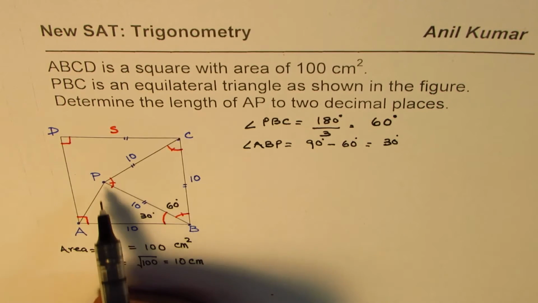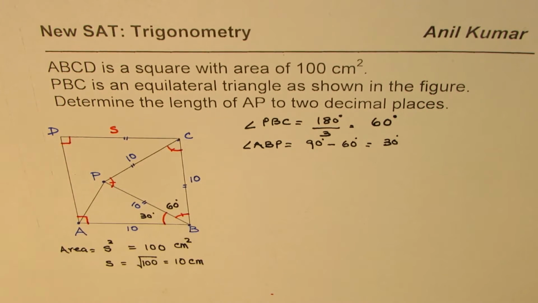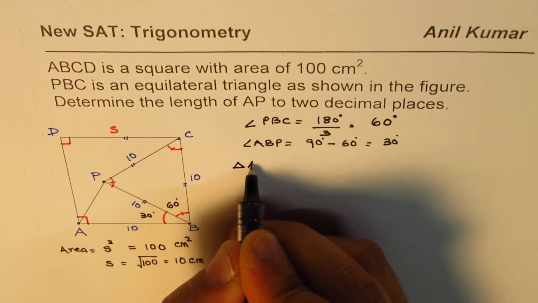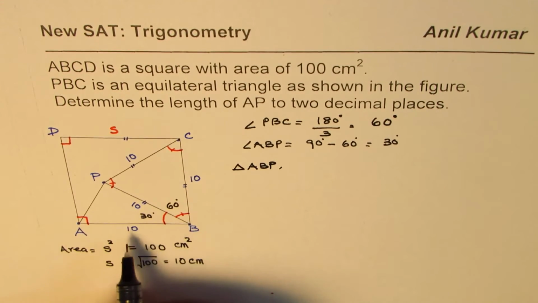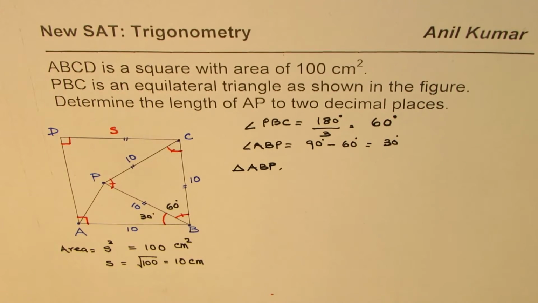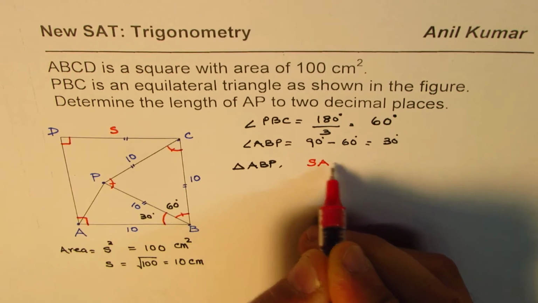Now if you analyze the triangle ABP, what do you observe? In the triangle ABP, we are given 2 sides that included angle. So this is kind of a case where we are given 2 sides with included angle, SAS, right?